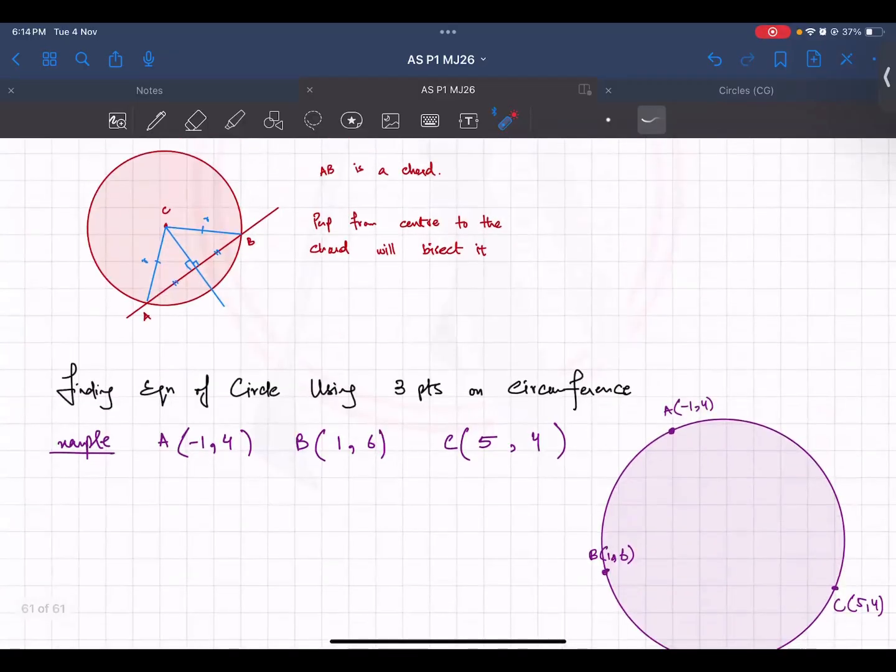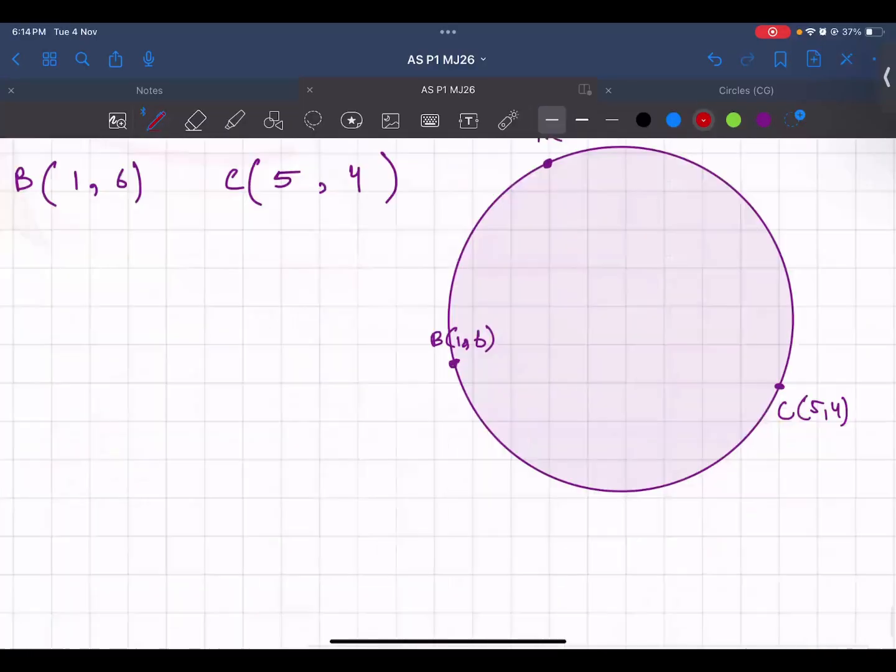The chord property. I told you that the perpendicular bisector of a chord passes through the center.